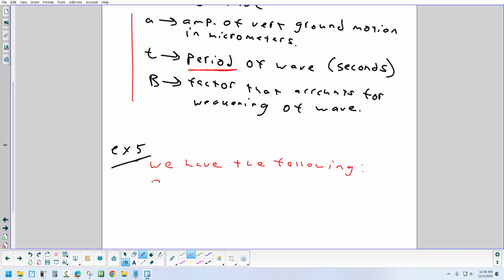Let's say A is 200. T is 3 seconds. So there's a wave from the earthquake coming every 3 seconds. And B is 3.55.